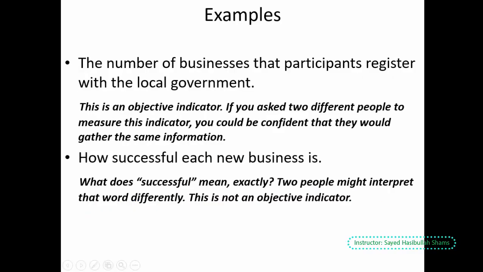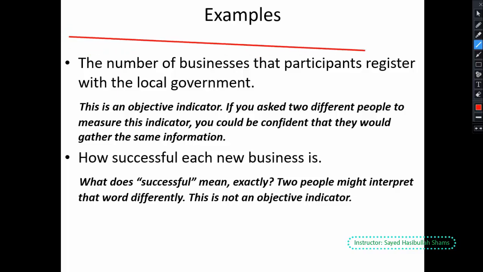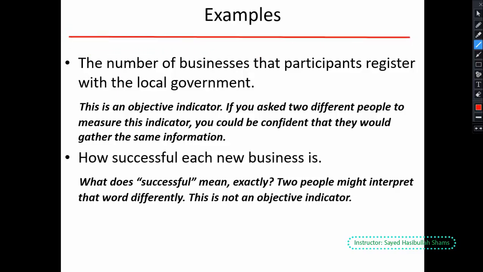So we have here two examples. One of the indicators is the number of businesses that participants register with the local government. This is the first indicator, and we have a second indicator also. In the number of businesses that participants register with the local government, there is no confusing word.